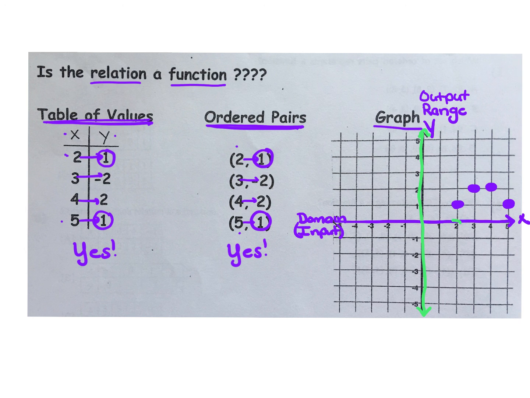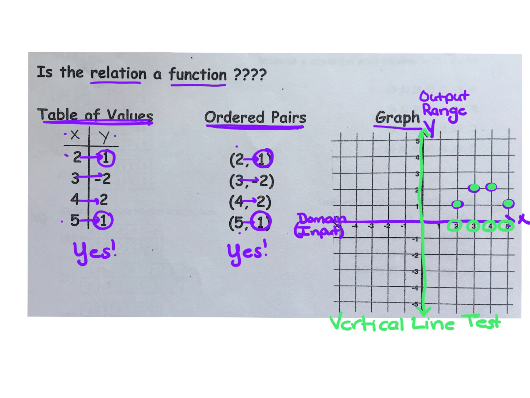Notice that each input value, whether it's a 2, a 3, a 4, or a 5, has exactly one output value. Here, for 2, the output's 1. For 3, it's 2. For 4, it's 2. And for 5, it's 1.